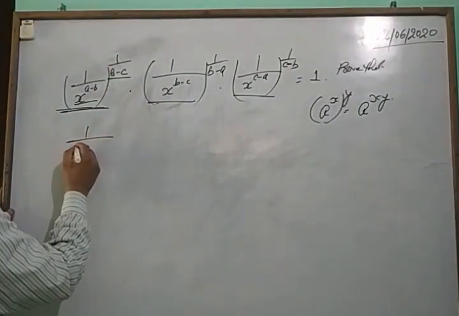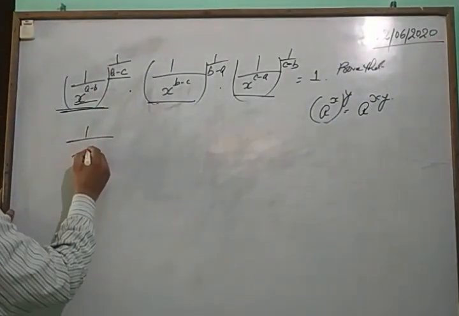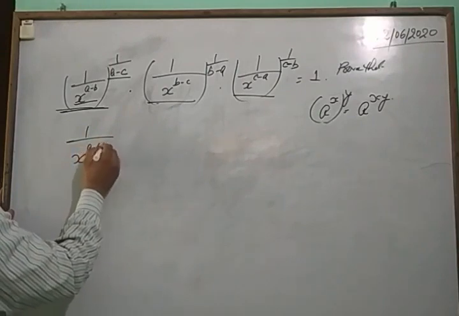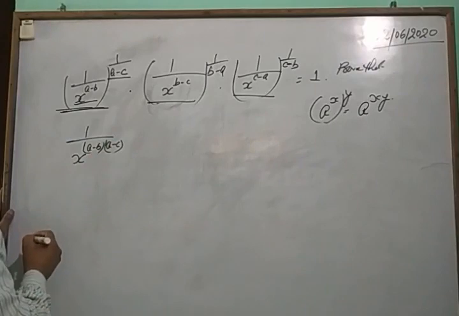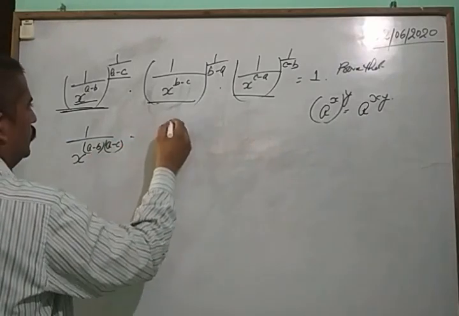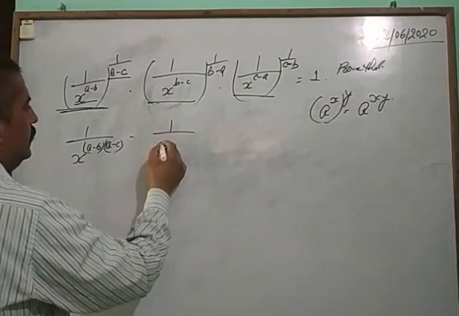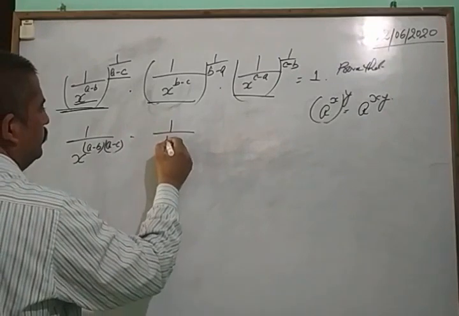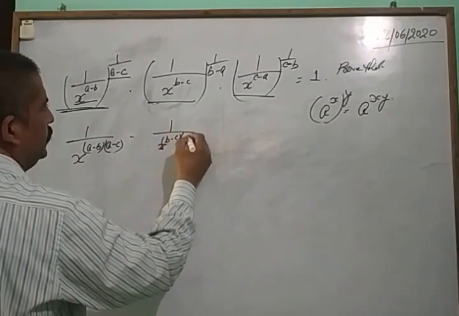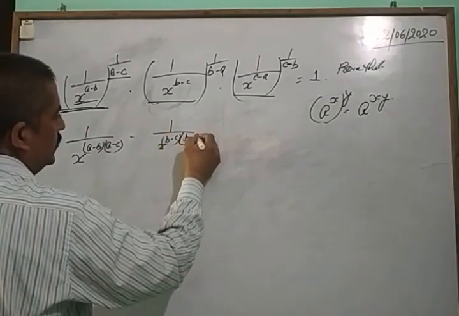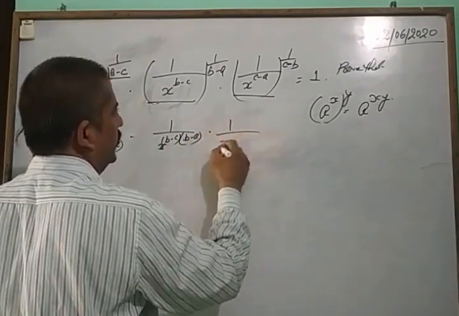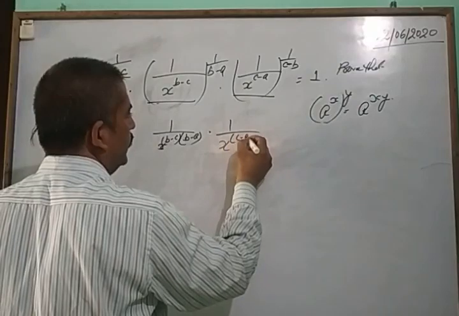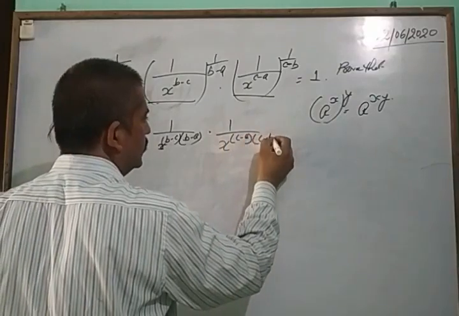So 1 by x to the power a minus b into a minus c, into 1 by x to the power b minus c into b minus a, into 1 by x to the power c minus a or c minus b.